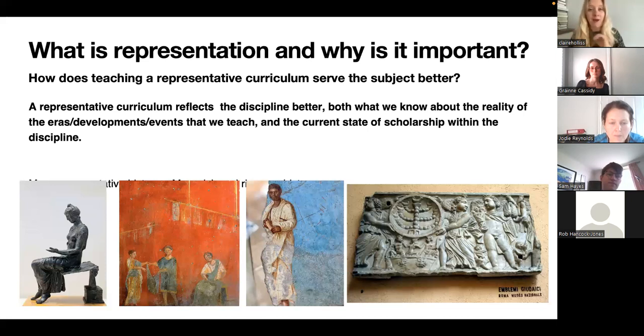And just a quick note about terminology. I've used the word representation without really explaining why I use that word rather than diversity or inclusion, etc. And it's partly because I really want to make the link clear here that we are representing a more complete story of particular periods. We are representing the state of our disciplines more effectively.